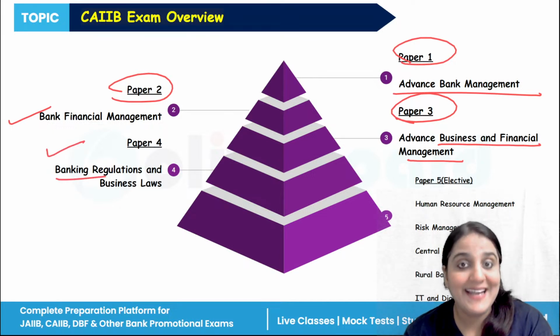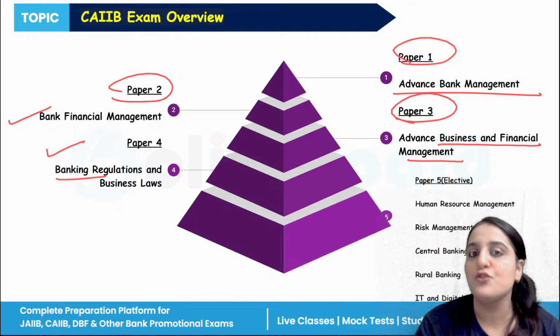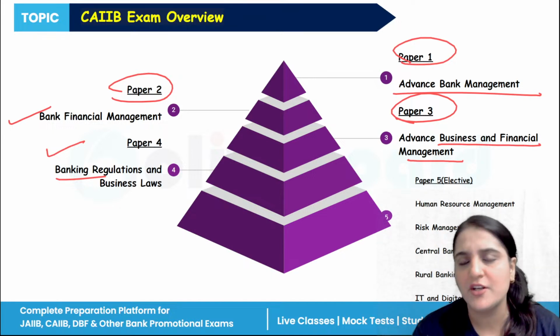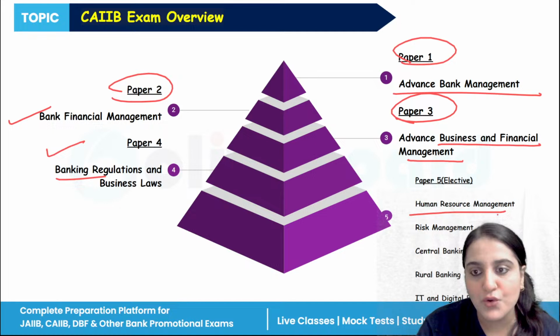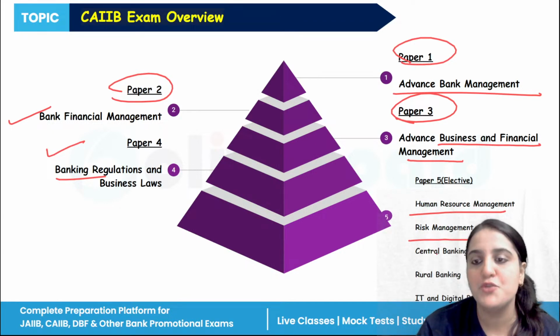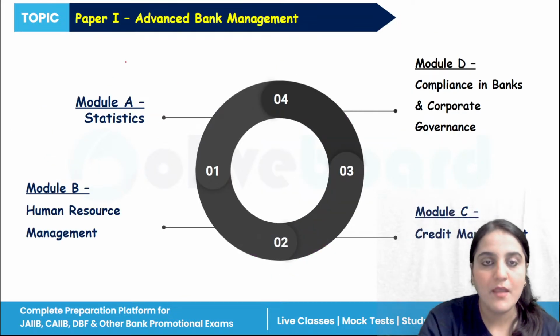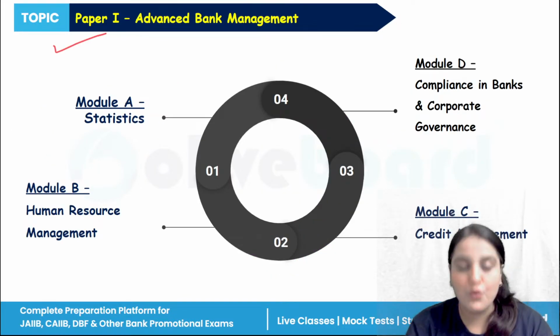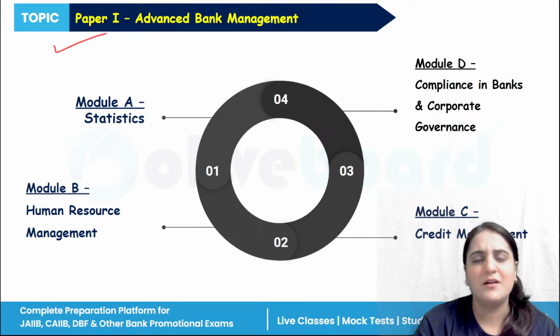And elective paper, that is paper 5, there are 5 elective papers from which you have to choose according to your interest and comfortability. So there is human resource management, risk management, central banking, rural banking, IT and digital banking. And going thoroughly, I will tell you about all the modules.